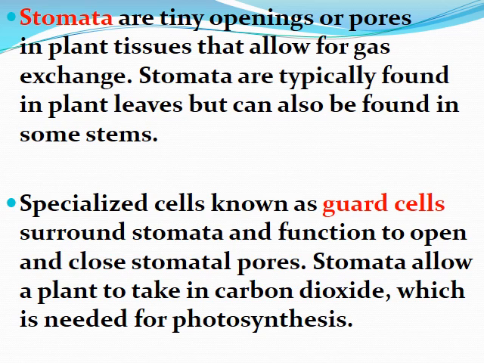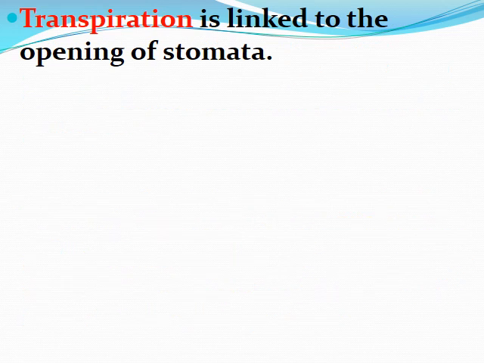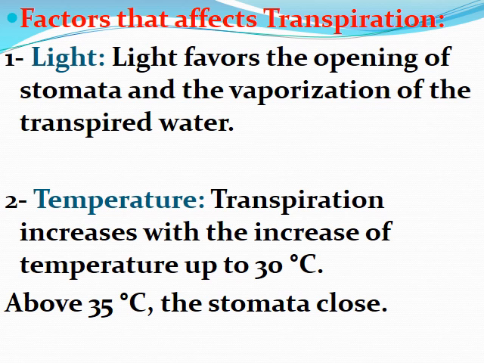Stomata allow the plant to take in carbon dioxide, which is needed by the plant for the process of making food, called photosynthesis. Transpiration is mainly linked to the opening of stomata. As the number of stomata increases and stomata opening increases, the transpiration rate will increase for sure.